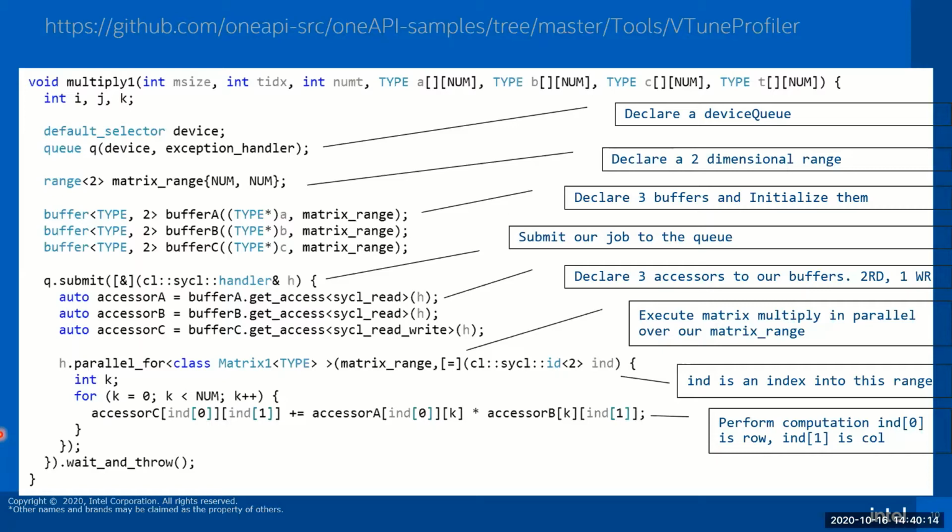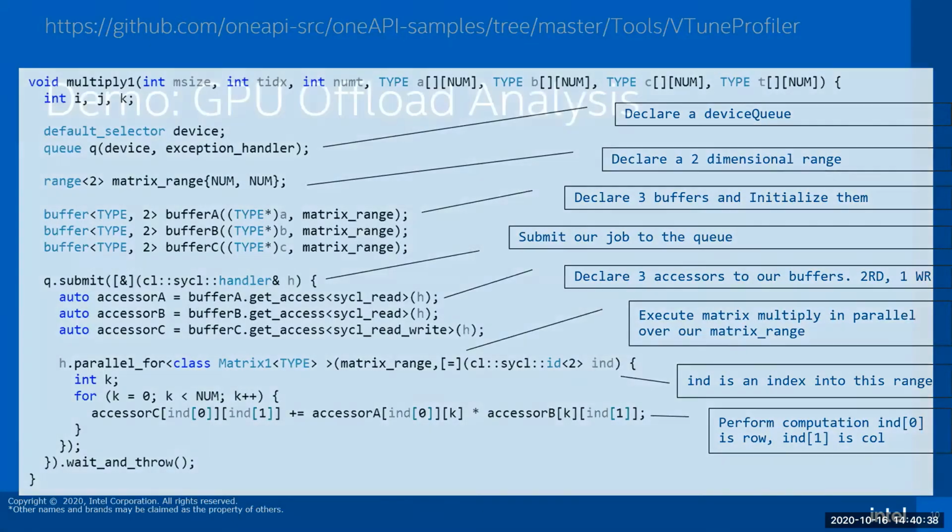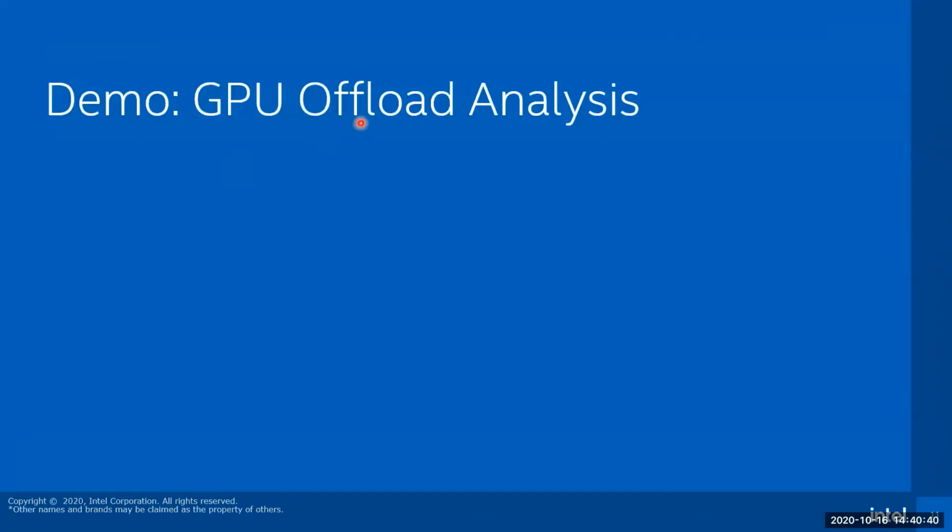Basically, it's a combination of submitting to a queue, assigning accessors to buffers, and the parallel construction, which is parallel_for, and the kernel itself is implemented as a lambda function for executing the matrix multiplication. So let me switch to the tool and continue to show this example.